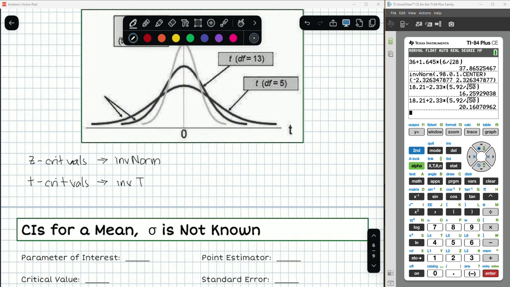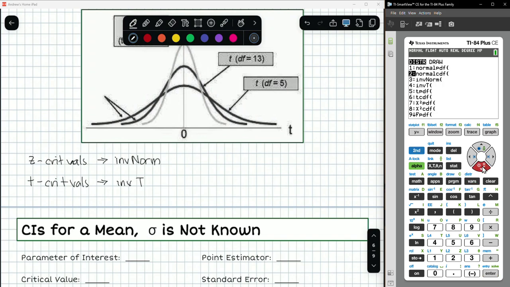There is one difference, and we'll see it when we run this in the next video with some examples. If you go second vars and you go to inverse t, you'll notice there isn't a tail command. There also isn't a mean or standard deviation command. It knows for t the mean is always 0, and it knows the standard deviation is calculated from the degrees of freedom, so it does that in its memory.